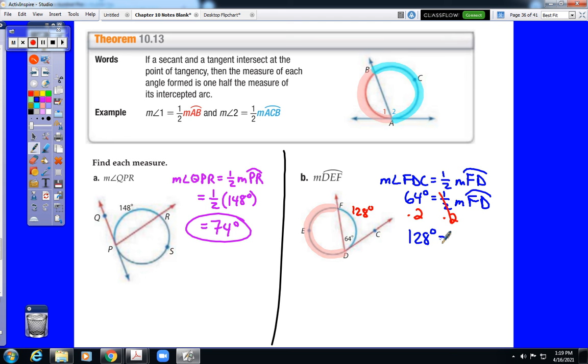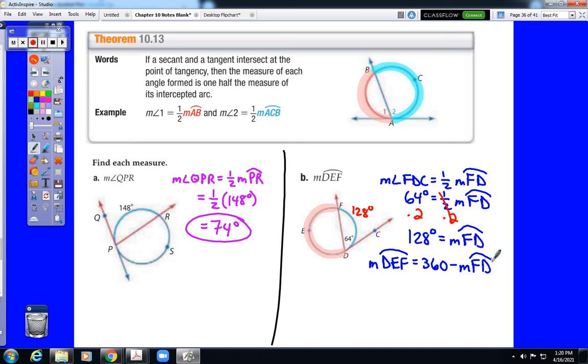Now, that's lovely, but we weren't asked for the minor arc, were we? We were asked for the major arc, so what do we do? Subtract that from 360. Outstanding. The measure of the major arc DEF is 360 minus the minor arc.